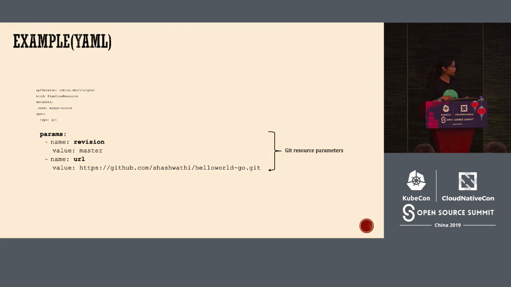And the second one is the URL, where the project is actually present, so it can fetch that. And the parameters are going to change depending on what resource you're talking about. For example, in the context of a Docker image, this is going to be an image digest, and a URL which corresponds to the registry in which the Docker image is hosted.